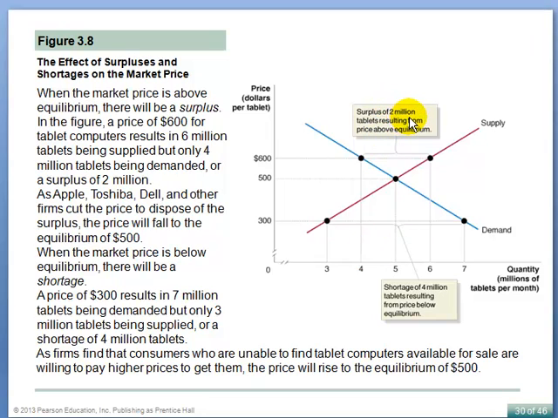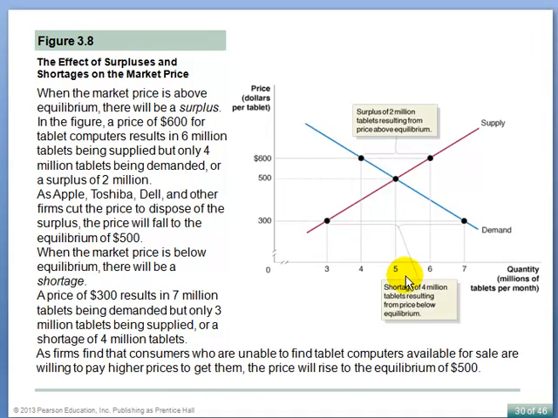tablets here. So when there is a surplus, the firms have so many unsold products piling up, which gives them an incentive to increase their sales by cutting the price. Cutting the price will simultaneously increase the quantity demanded and decrease the quantity supplied.